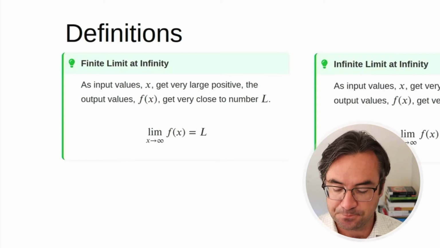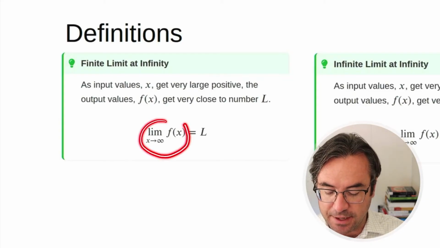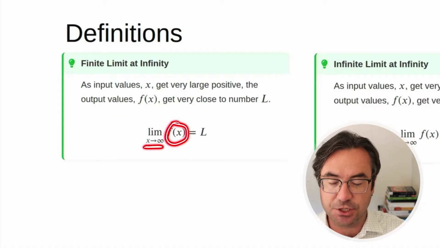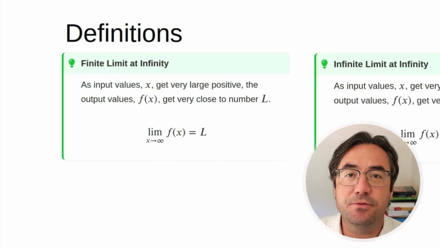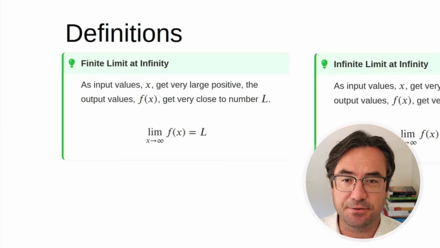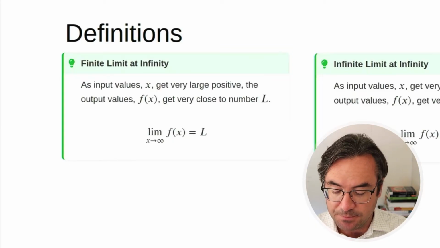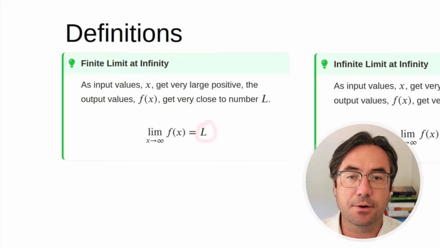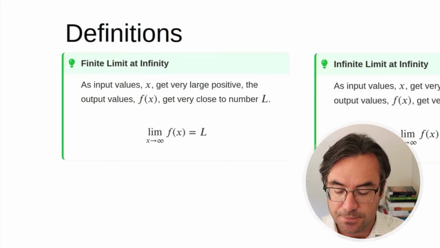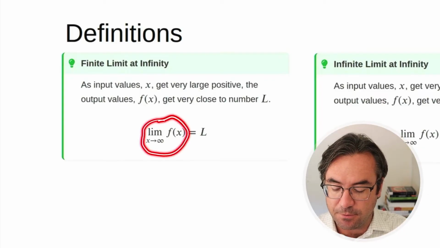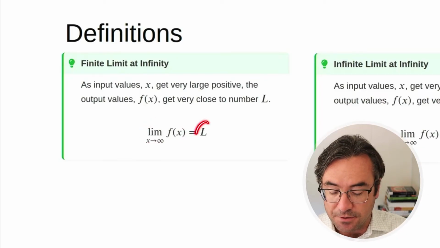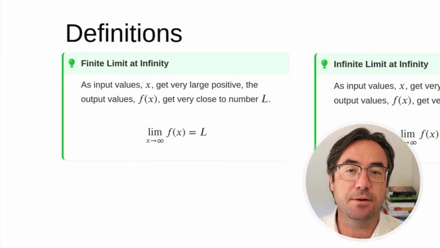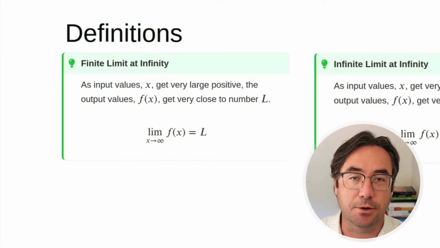What can happen if we're calculating this right end behavior, so we're looking at our function f of x and watching what happens as the input values x get very large positive, is the output of our function can get very close to a number L. So this limit at infinity, where x is going to infinity, the function might just settle down and approach a specific number.